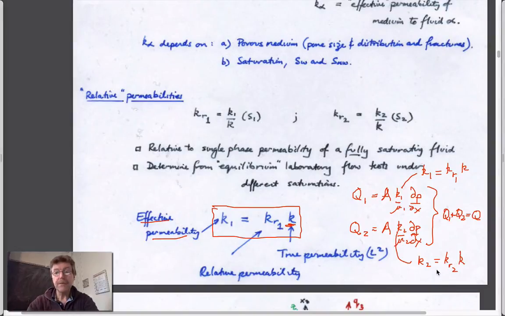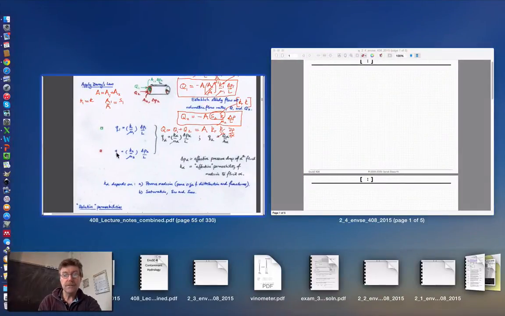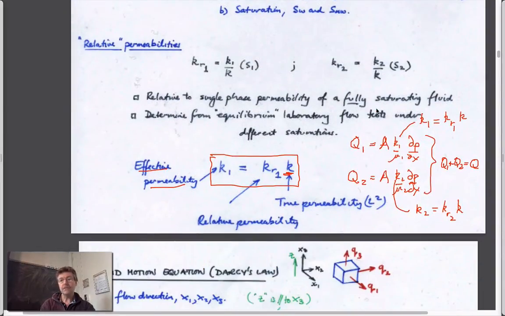And from what we've said up here, you could surmise that the magnitude of this relative permeability is pretty close to the saturation. So this we could think of as being roughly the saturation of fluid 1, and this roughly the saturation of phase 2.